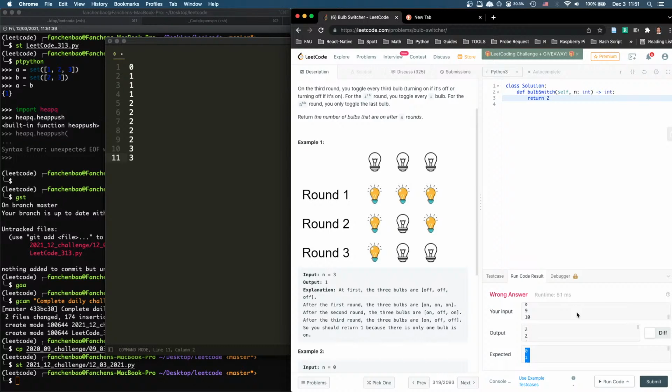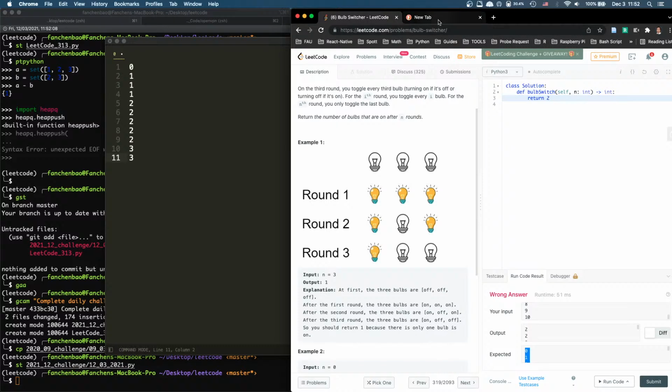12 is 2 and 3, right? So, how many does 12 have? 12 has a lot. That's 2 to the 2 times 3. So, I can remember it's going to be the number of unique factors. Hold on.